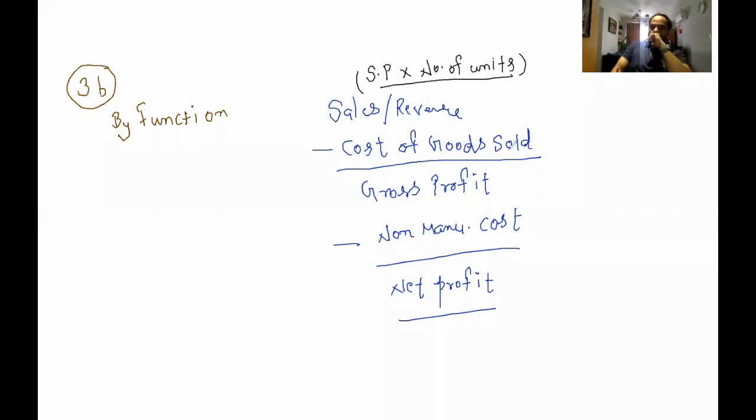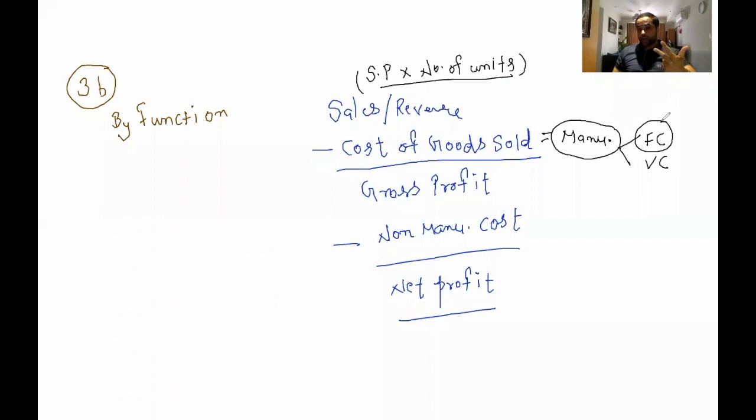Now, cost of goods sold. You also know cost of goods sold, but I will quickly explain. Cost of goods sold means manufacturing cost. In this manufacturing cost, some costs are fixed manufacturing, and some costs are variable manufacturing. Fixed manufacturing means cost of supervision, from the previous session, right?